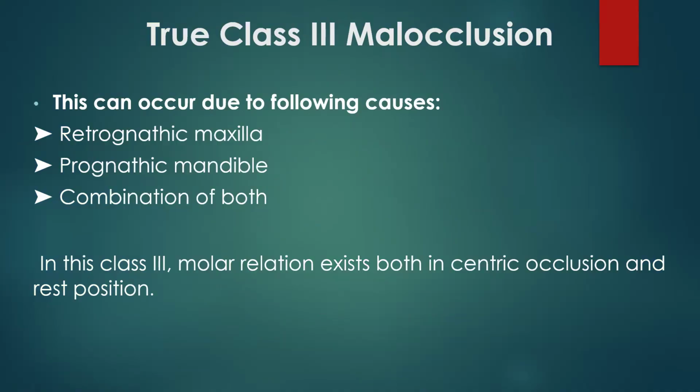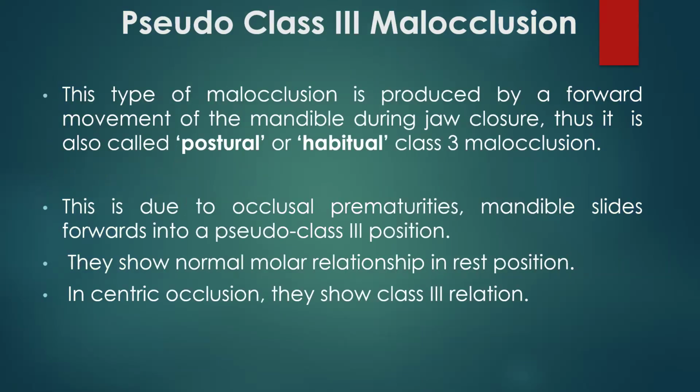The true class 3 is a condition in which there will be an underlying skeletal discrepancy, which can be either a retrognathic or deficient maxilla, a prognathic mandible, or a combination of both. In this, the patient will be having a class 3 molar relationship both in centric occlusion, that is, when the teeth are in occlusion, and also when the teeth are in rest position. So that is true class 3, which is due to an underlying skeletal discrepancy.